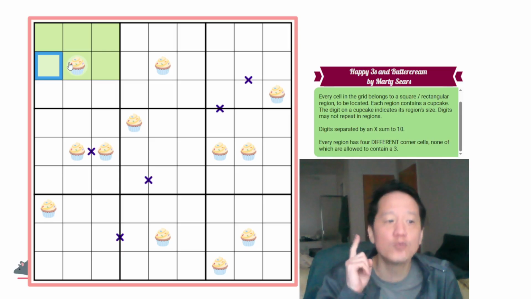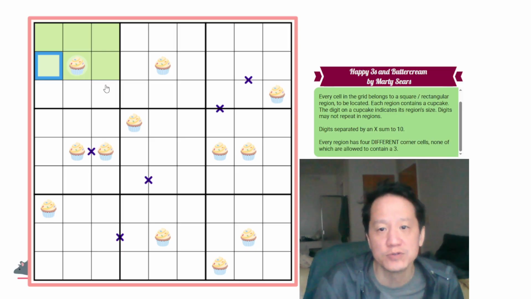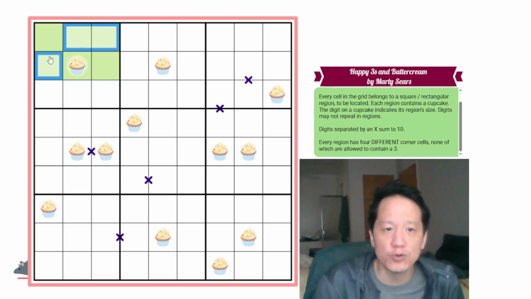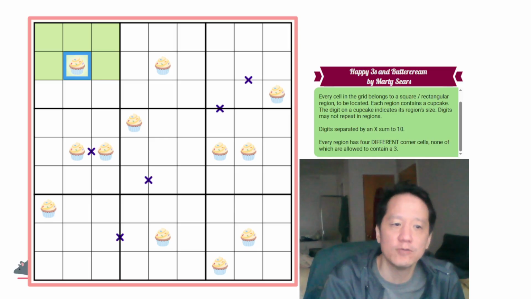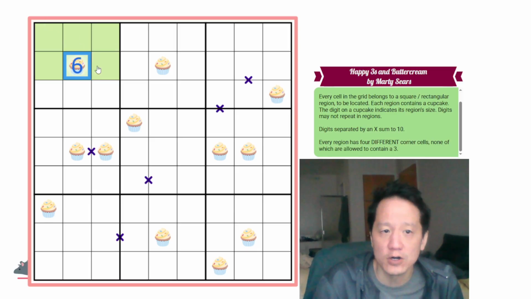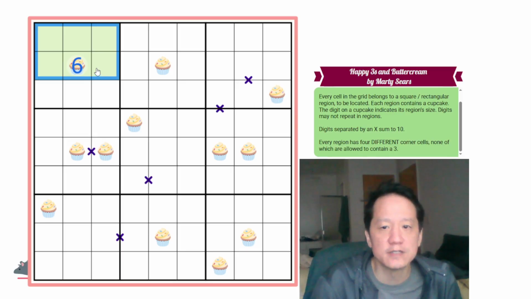So it acts like a killer cage if you know those. For example, if this were the region, the number on this cupcake would be 6 because there are 6 cells in this region. The cupcake contains the region's size. So that's how regions work in this.